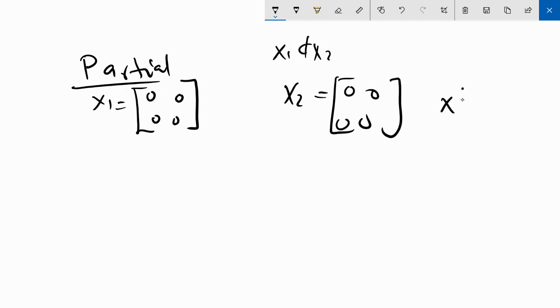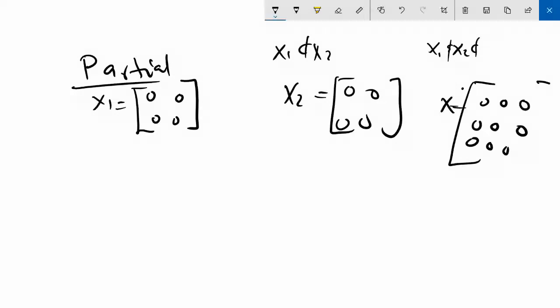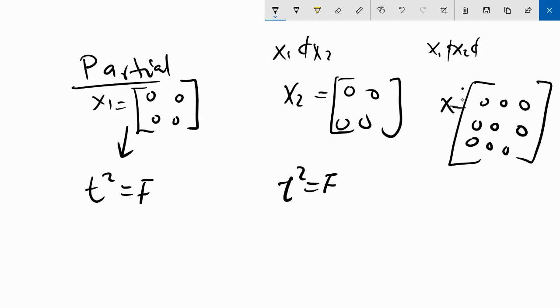Matrix of x2 and x1 will have how many values? 1, 2, 3. It will be like this. The f for these two, t squared is equal to f. But for this one, t squared is not equal to f. Do you understand, leadership?